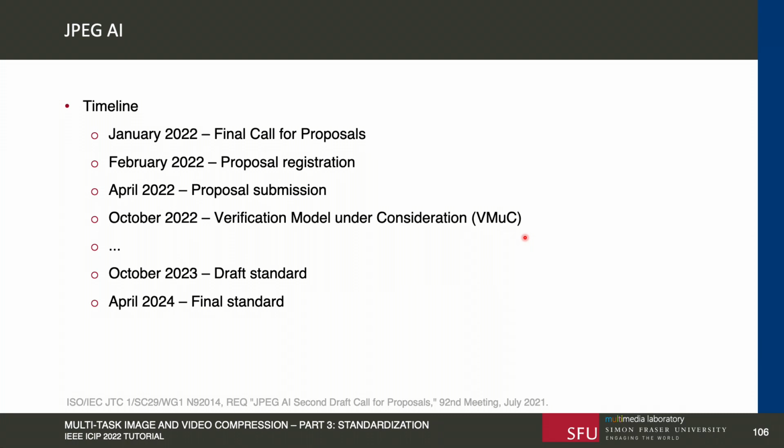The idea is that the next stage of development will be the collaborative stage, where this verification model will be improved, and if all goes well, the new standard is planned for April 2024, but already within a year, October 2023, a draft standard should be available.